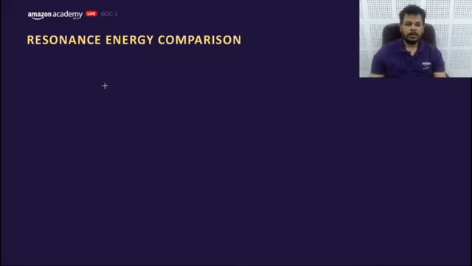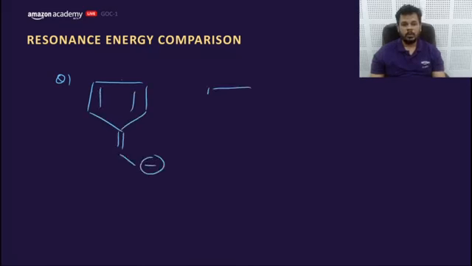The last one, let's have a beautiful example of a question like this. Try to answer it. Which of the following would have more resonance energy? If you move this positive or negative charge inside the ring, you will get the answer.